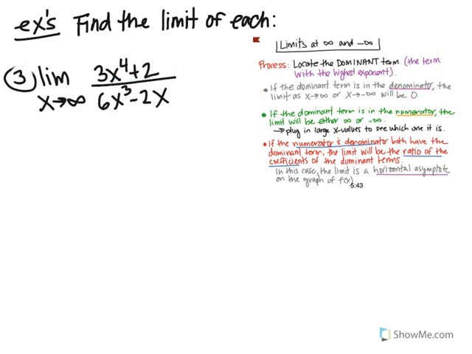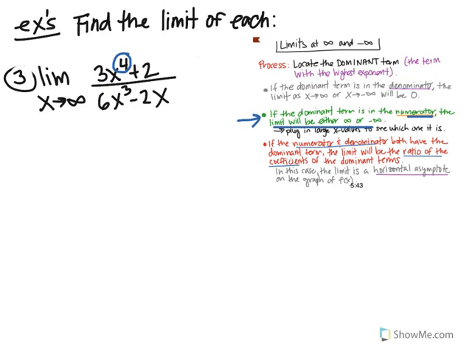Alright, for this next example, as x approaches infinity, we want to find the limit, and we're going to first locate the dominant term. The dominant term is in the numerator. So this is going to be the second case. If the dominant term is in the numerator, then the limit's going to be either infinity or negative infinity. And you can do one of two things.